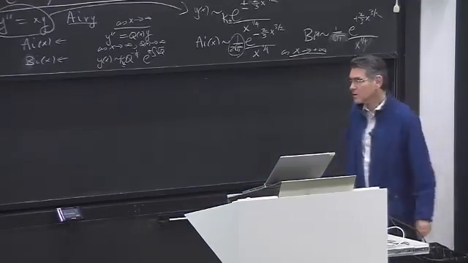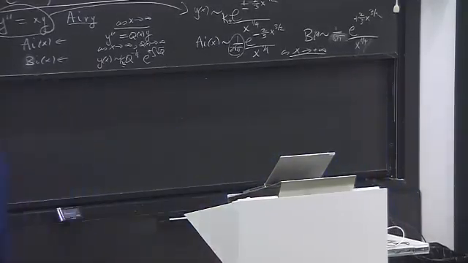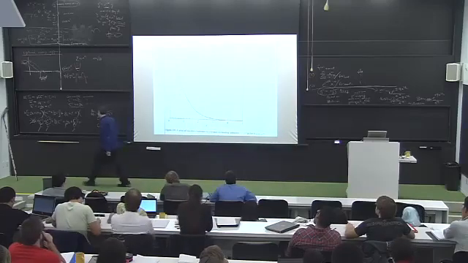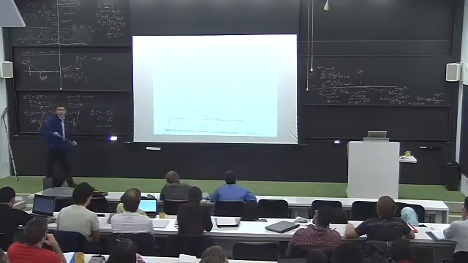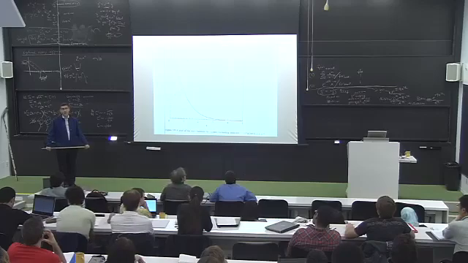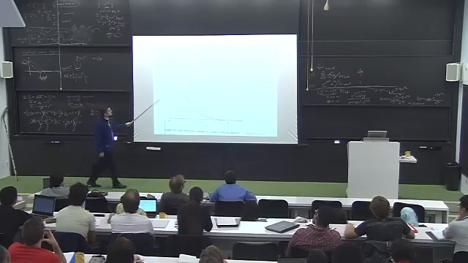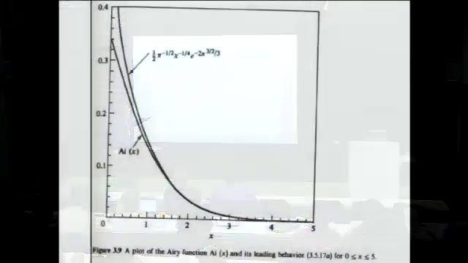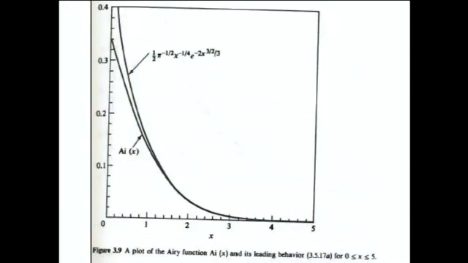So if you put that differential equation on a computer and you integrate it and you plot the Airy function, here is ai of x right there. ai of x has some value at x equals 0, some transcendental number, and it comes down like this, and it goes to 0.